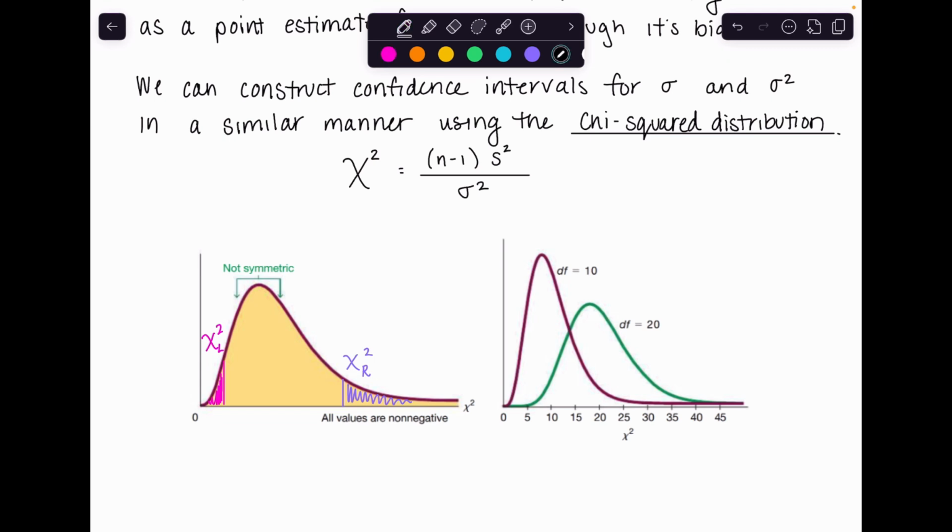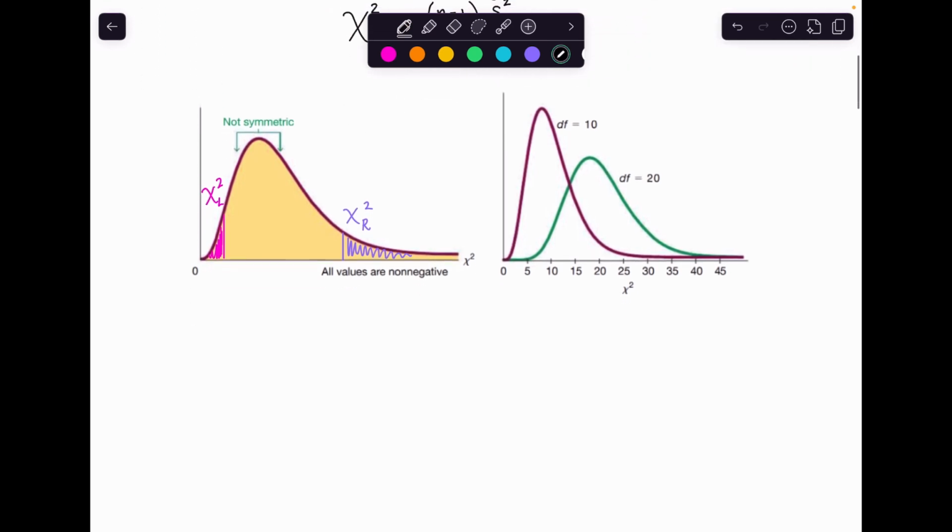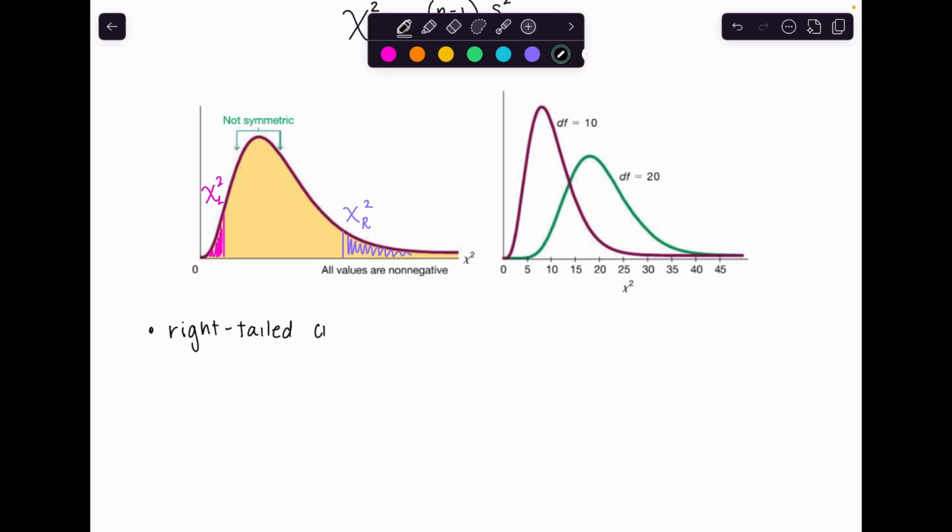To give you some background on this chi-squared, the right-tailed critical value is denoted by chi-squared R, which has a tail to the right of it.